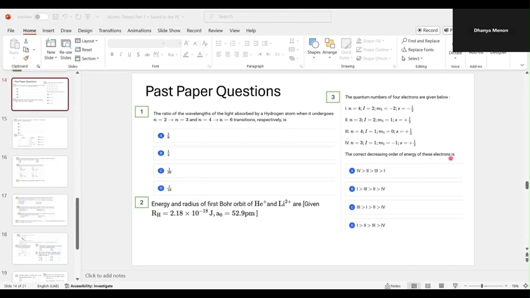You have to tell the correct decreasing order of the energy of these electrons. Okay, so we use the N plus L rule.